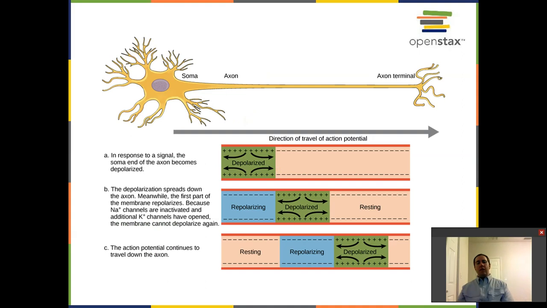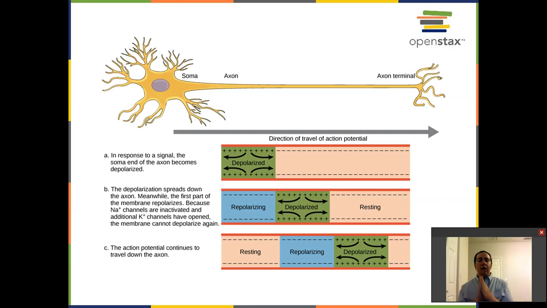So this is how this signal moves through a neuron. What we were just looking at was a single part, or a neuron as a whole, or a single point in the neuron. It depends. Let me think how I should phrase that.